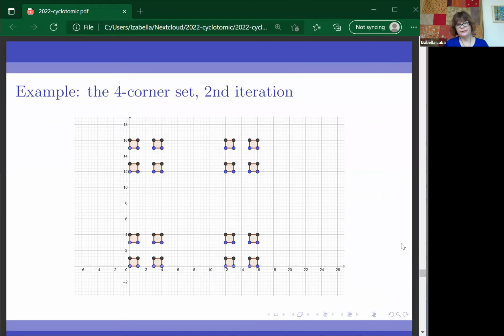So here's an example. This is something called the four-corner set, which comes up in various parts of harmonic and complex analysis. I want to look at projections of that set in various directions. So if I take, for example, a projection on a horizontal line, then I'm just going to get a Cantor set like this.